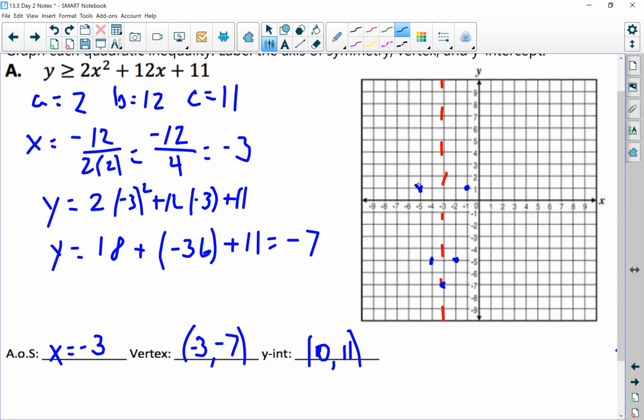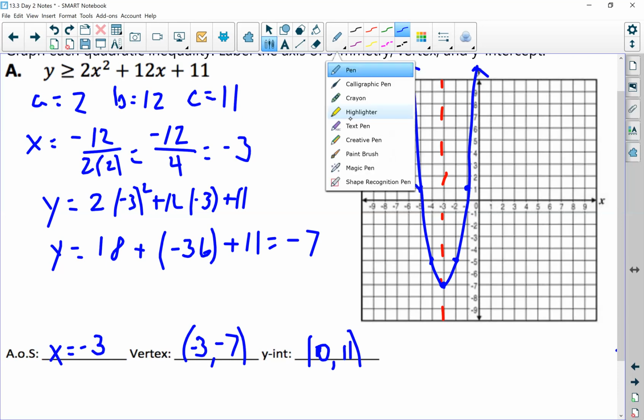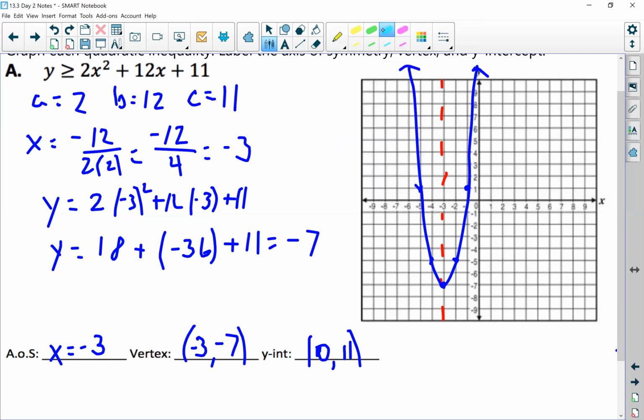Is this graph going to be solid or dashed? Solid. And should I shade above or below?